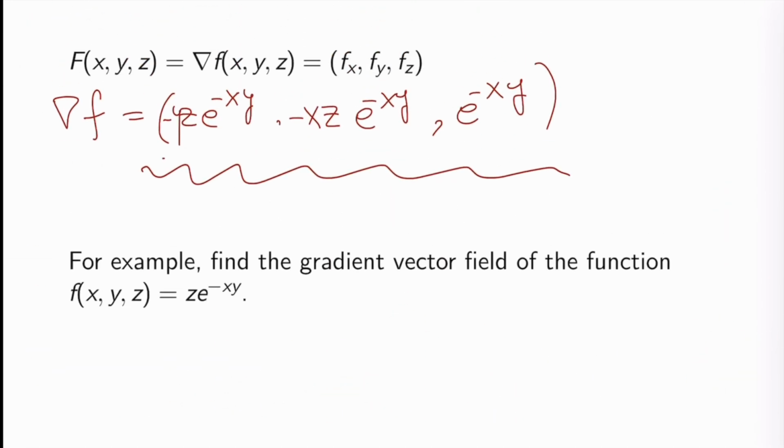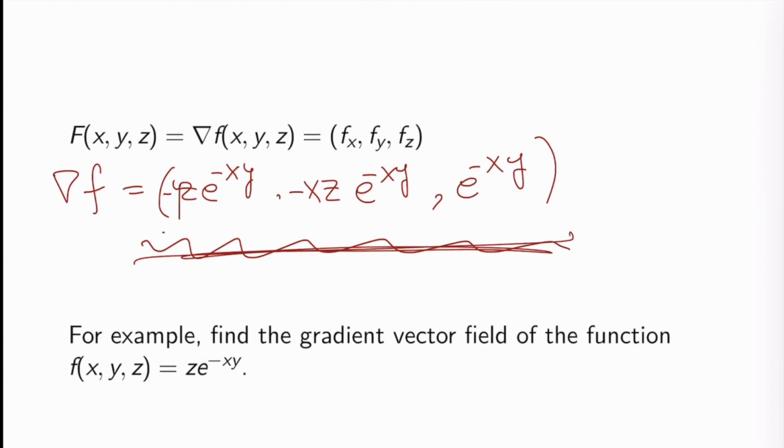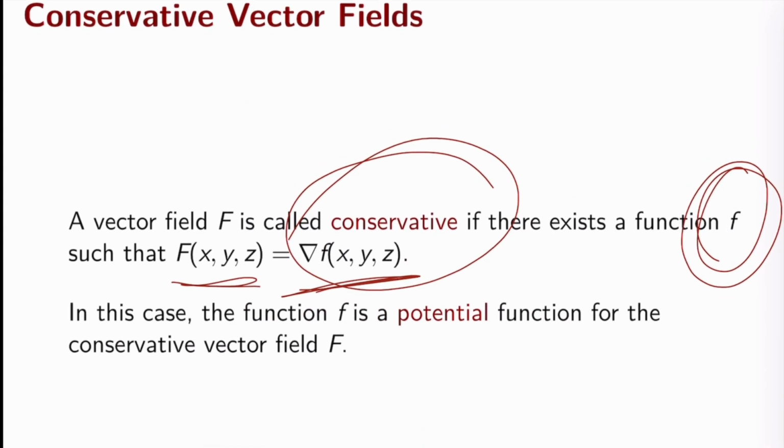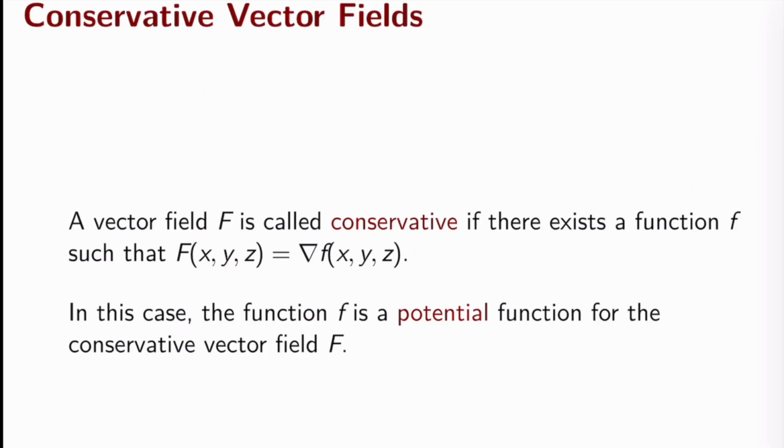So, for instance, this vector field here is conservative since by the way that we calculated it, we know that it is the gradient of this. So, the vector fields that come from some function are going to be called conservative vector fields. And the function that they come from is going to be called the potential of that vector field. So, for instance, let's suppose that we have a function f of x, y equals x squared plus 3y squared.